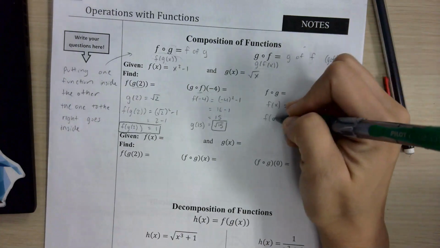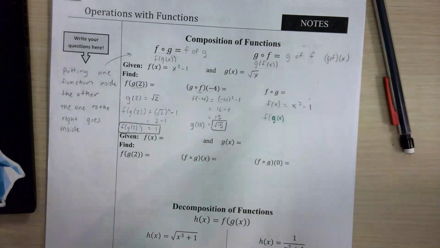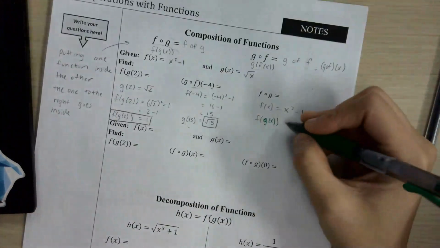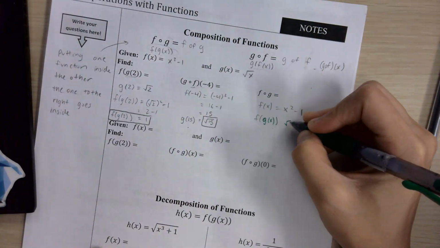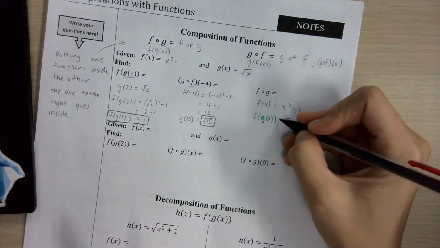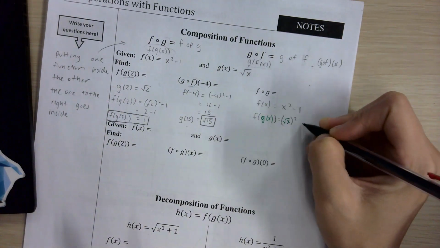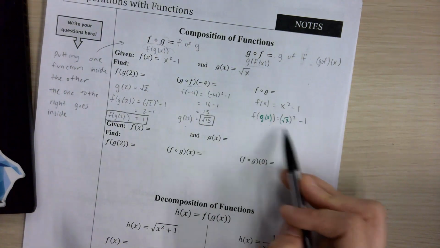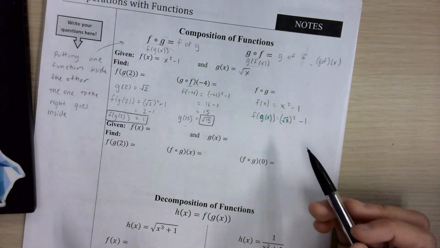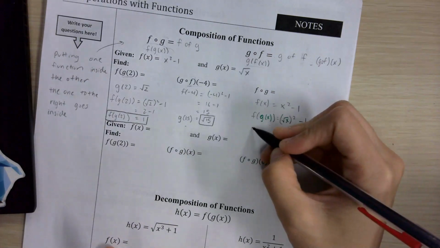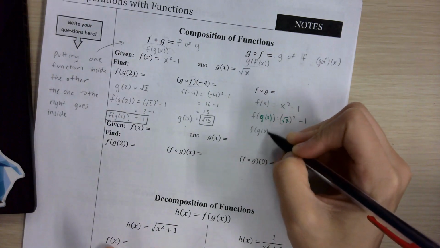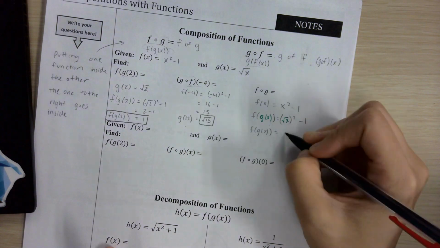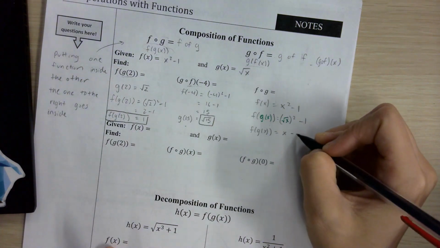Instead of an x, I'm putting in an entirely different function. So g of x is root x. I'm going to square that minus 1. Everything's the same except wherever there's an x, I'm putting in a whole different function. And then we just have to simplify. So f of g of x equals root x squared, which just takes away the root, so we have x minus 1.